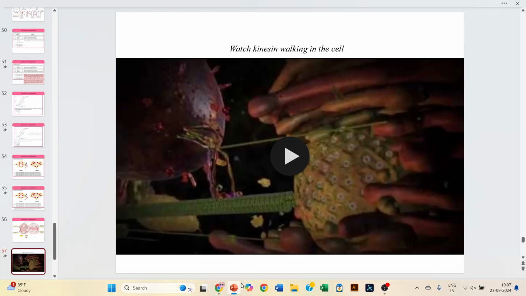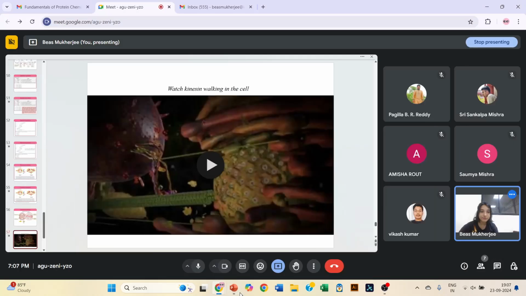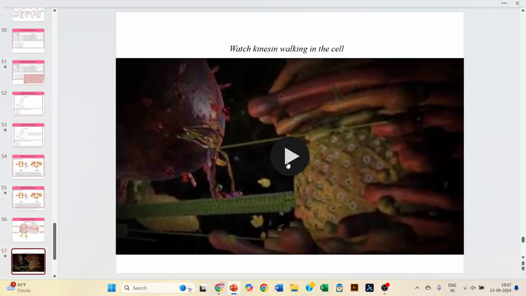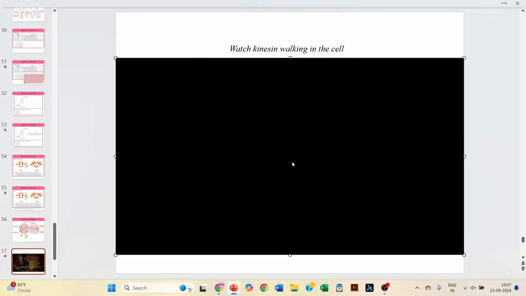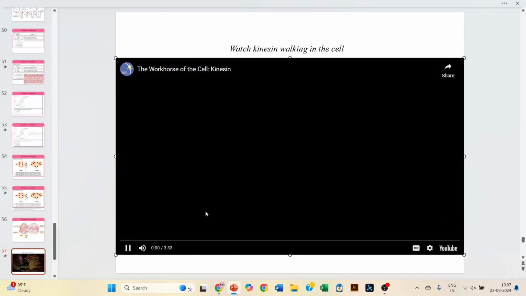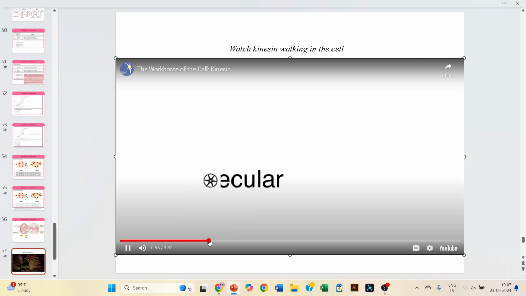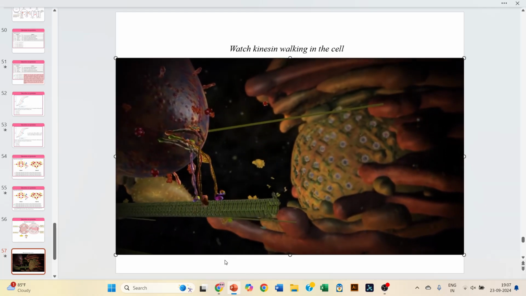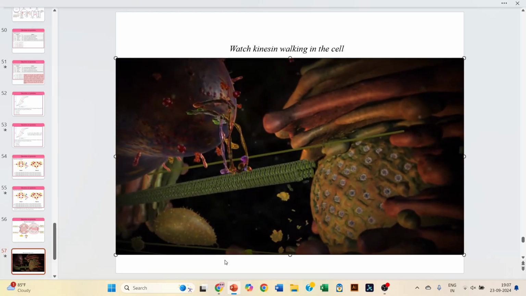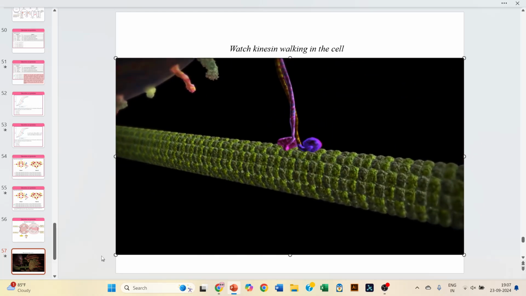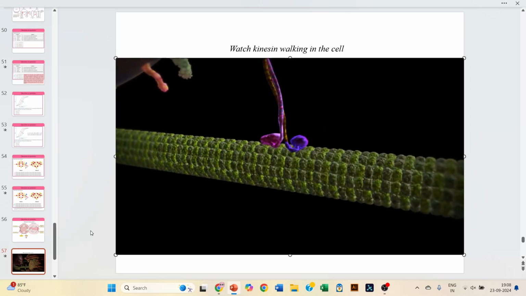right. Now we come to this video. You tell me if you are able to see it. So here we will see the kinesin walking along the microtubule. So see, this is how it walks. Can you see the video?